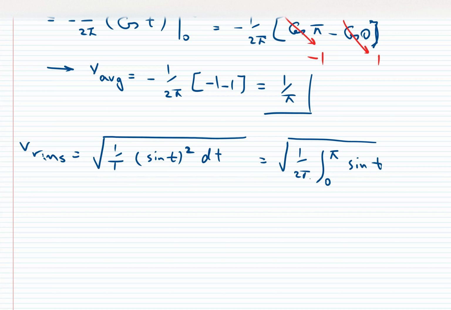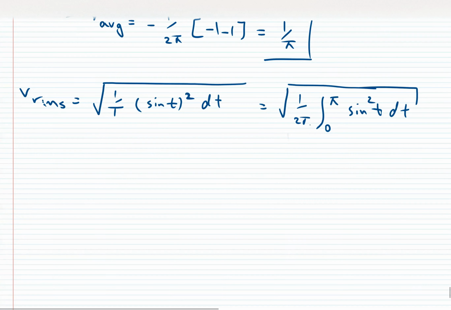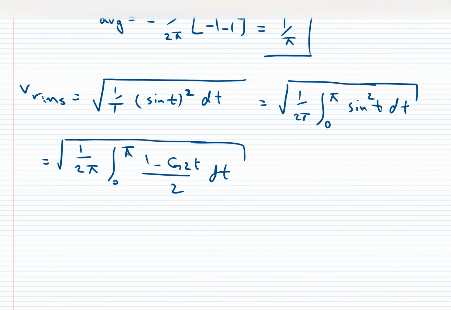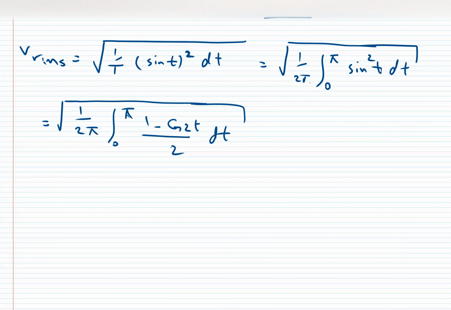Sine of t squared is equal to 1 minus cosine of 2t over 2 dt. So we need to do this conversion to be able to calculate the integral.